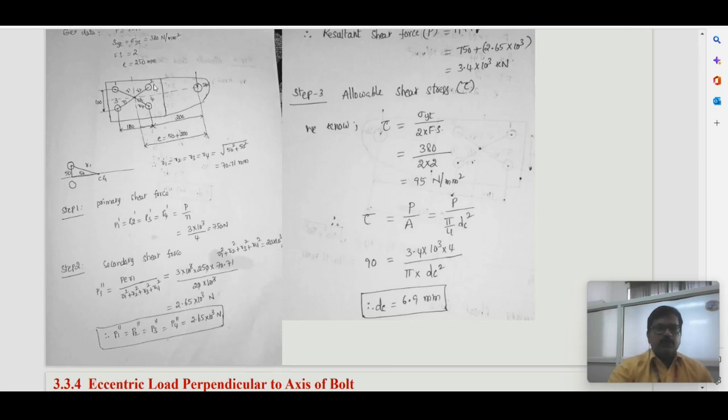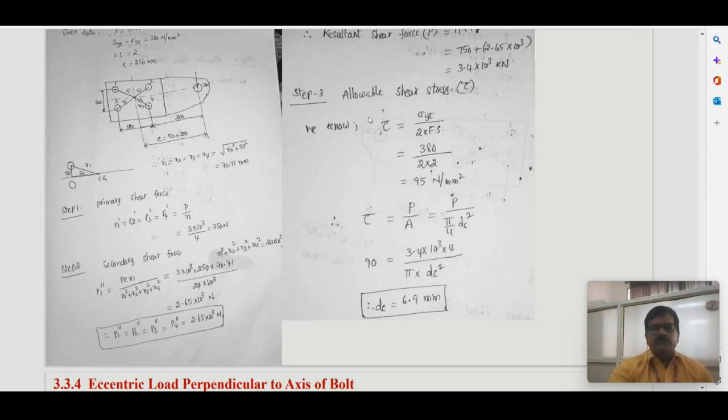Generally both are having the same value because they are all equidistant and it is a symmetrical position of the rivets. Therefore, 2 and 4 will be subjected to the same amount of maximum resultant force.